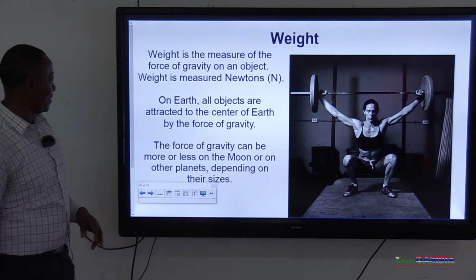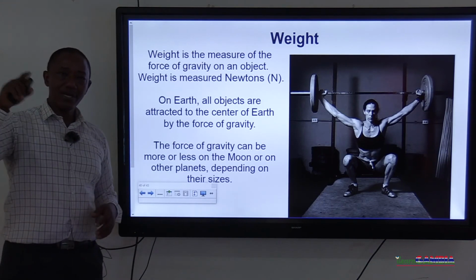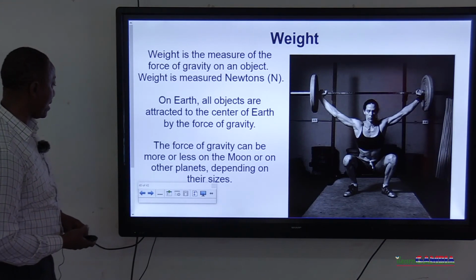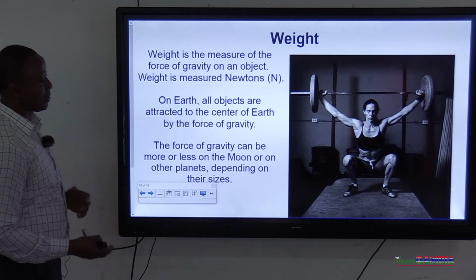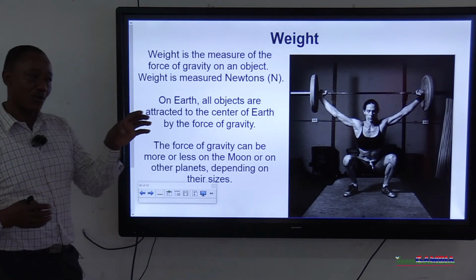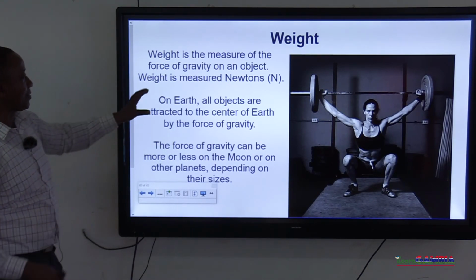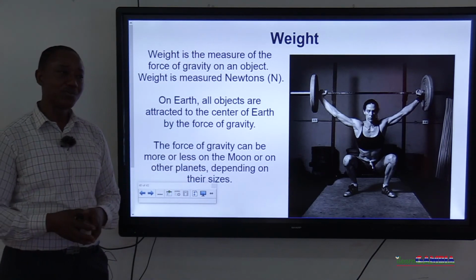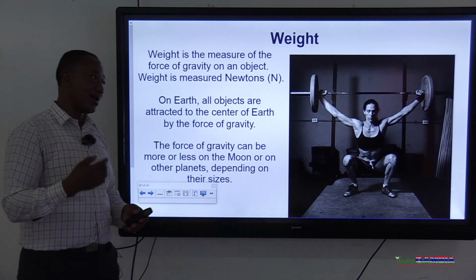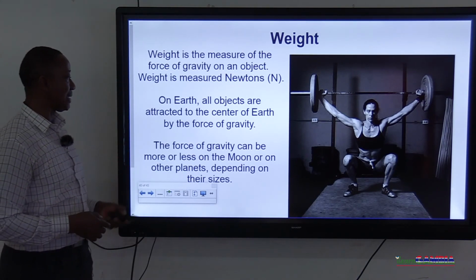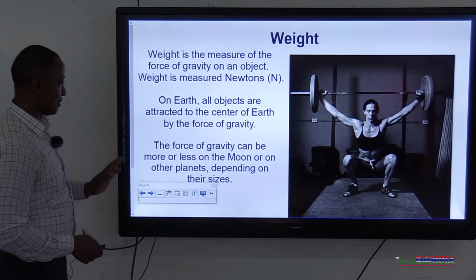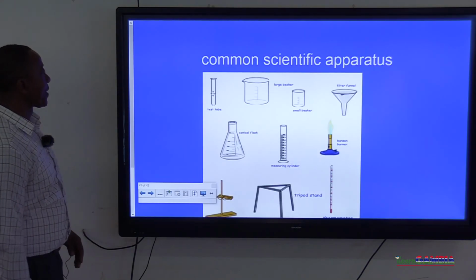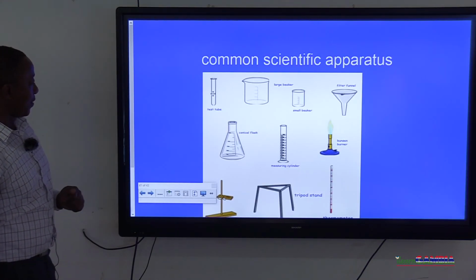That force of gravity can be more or less in other places like space or the moon, depending on the size of those objects. So weight can vary depending on the object that is attracting our materials, whereas mass remains the same. It doesn't change.